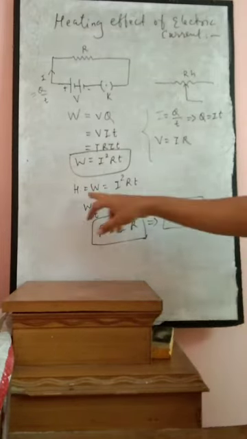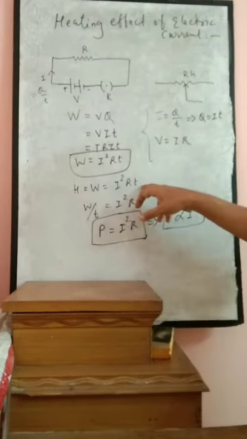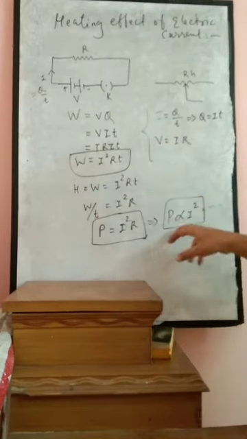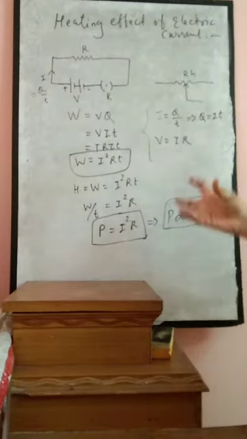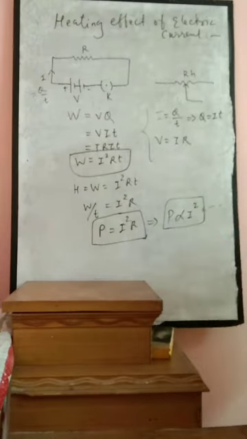So you can express Joule's law in the form of H, heat produced, or you can represent it in terms of power. This is the last topic. Numerically also these formulas are important. So just understand this concept of heating effect of electric current and power.